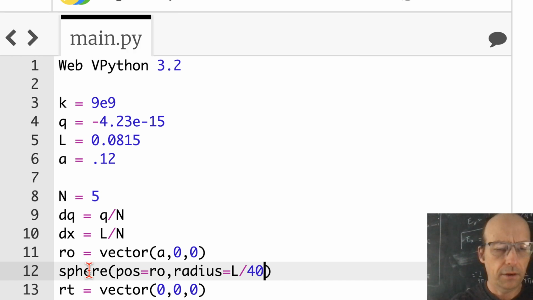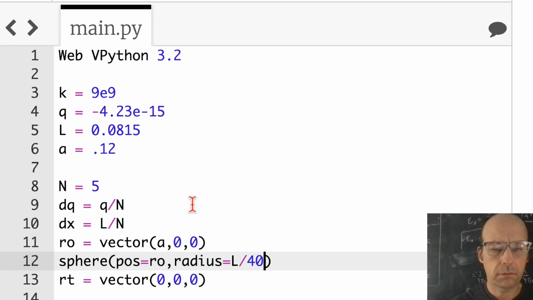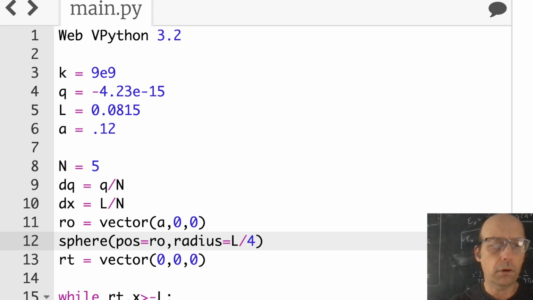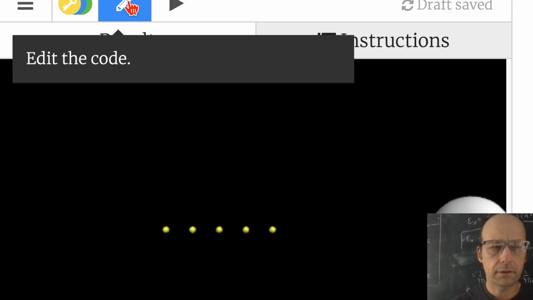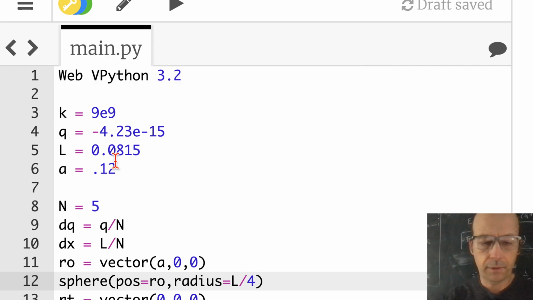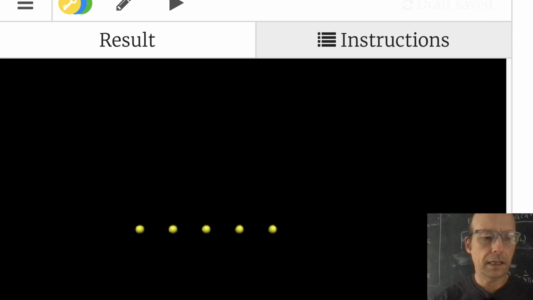I must have. Oh, A. No, A is 0.12. Let's just do 4. There it is. I think I was zoomed out. Okay. So let's go back to 60, because I have my thing zoomed in too much. There it is right there. Okay, good. Whew.